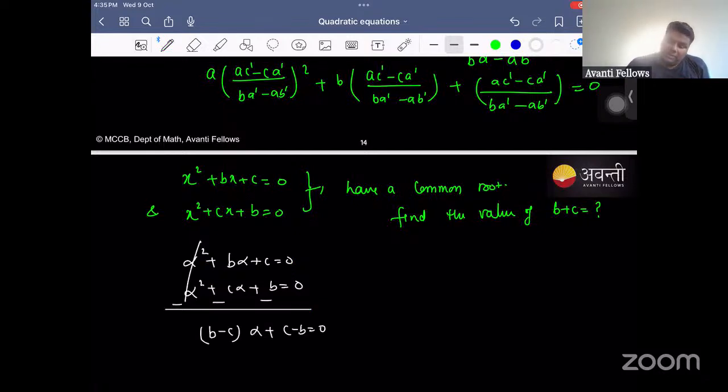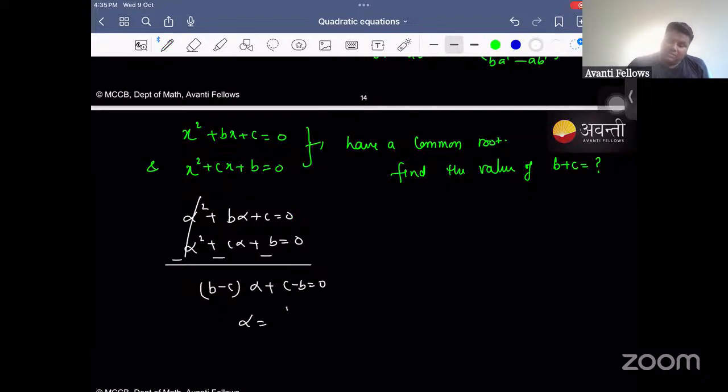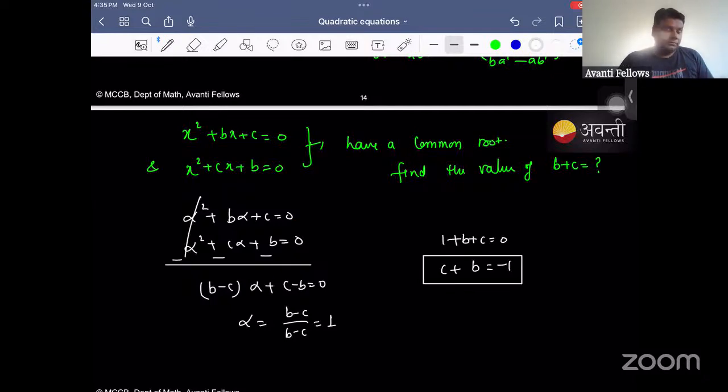So what is the alpha that you got? That is (b minus c) upon (b minus c), that is 1. So 1 is the common root, 1 is the root of both the equations. You place x equals alpha equals 1 in any equation. So 1 plus b plus c equal to 0. So the value of b plus c you got as minus 1. Am I clear?